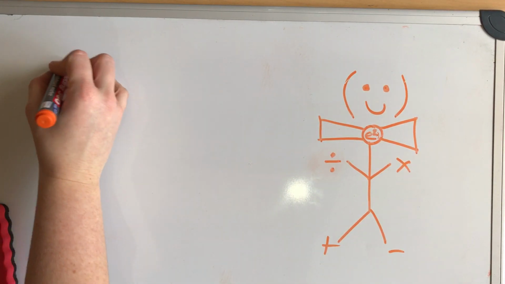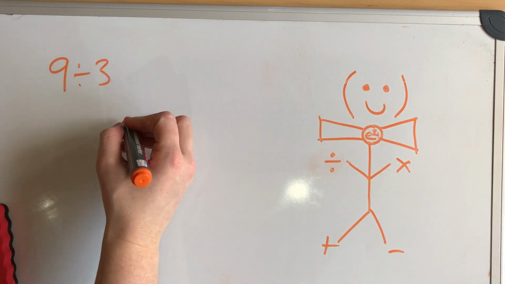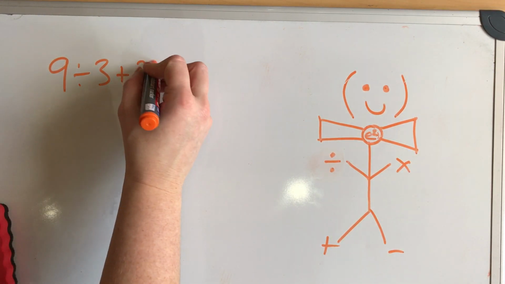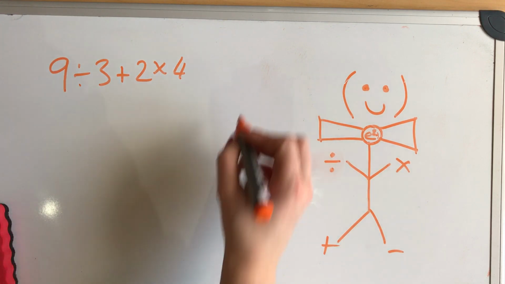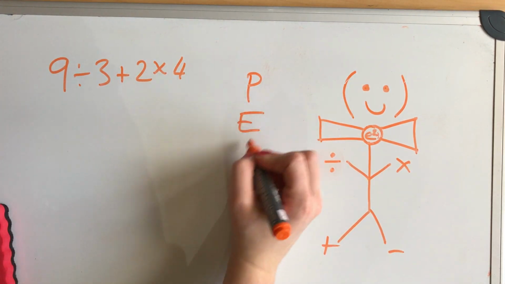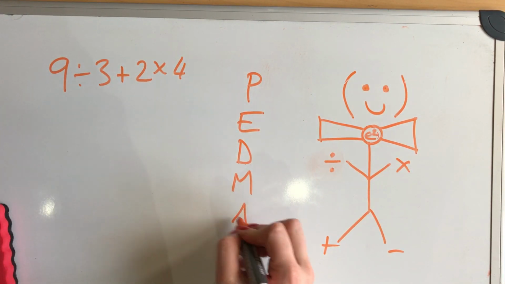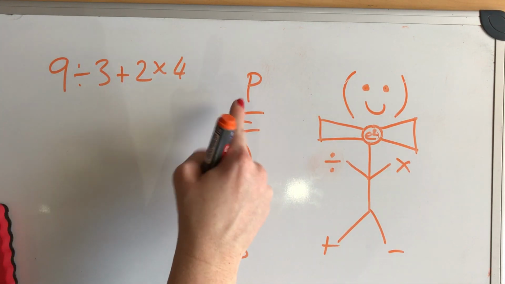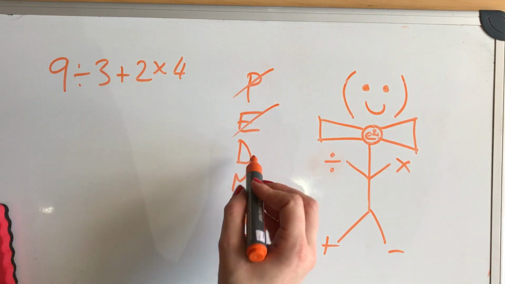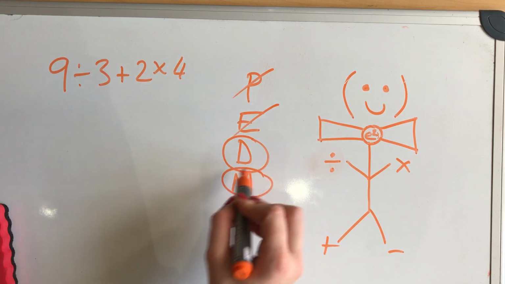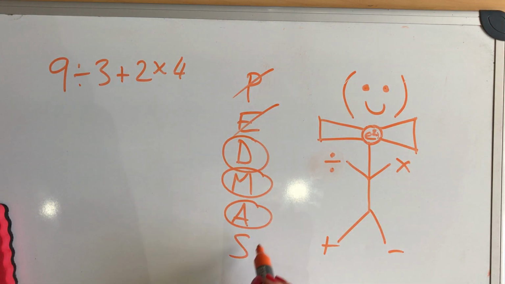Then let's do one more. 9 divided by 3 plus 2 multiplied by 4. Do I have parentheses? No. Exponents? No. Division? Yes. Multiplication? Yes. Addition? Yes. Subtraction?